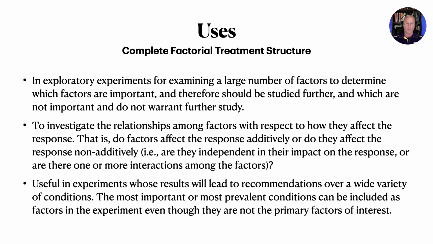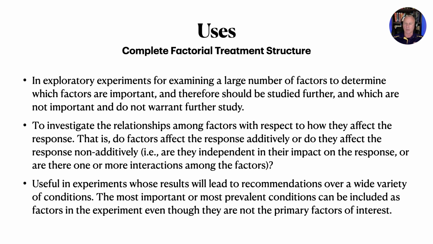experiments whose results will lead to recommendations over a wide variety of conditions. The most important or most prevalent conditions can be included as factors in the experiment, even though they are not the primary factors of interest.